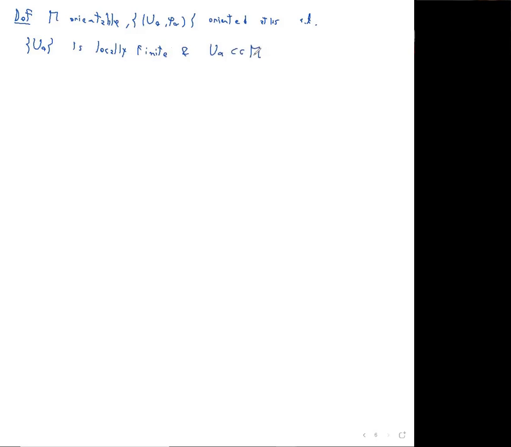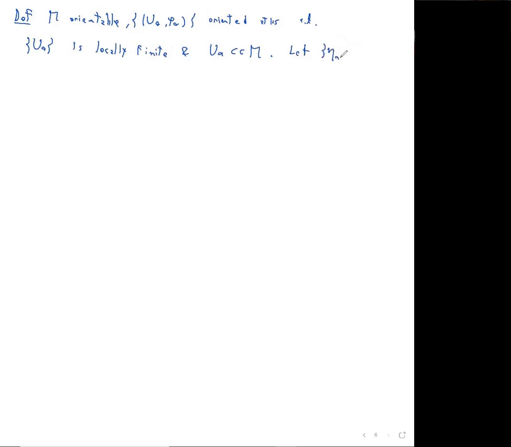So let's see this more in detail. How do we actually define this integral? So we take an orientable manifold. We take an oriented atlas such that the U alpha are finite in number, and each one of them is compactly contained in M. So when we choose an oriented atlas, we're choosing an orientation.